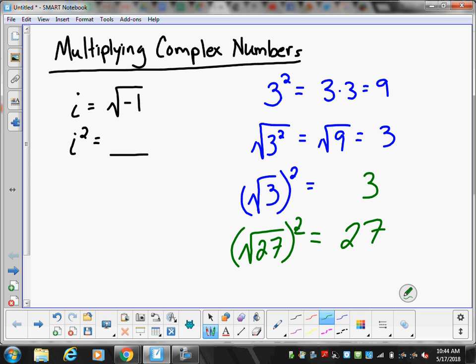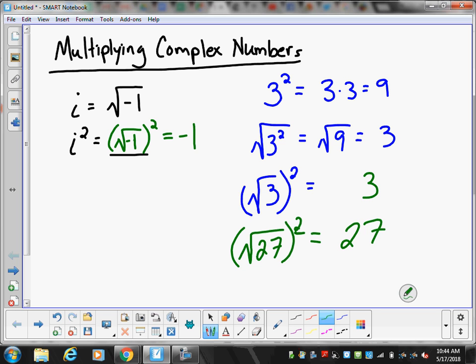Okay? So, we talked earlier about i being equal to the square root of -1. So what is i squared going to equal? Well, the square root of -1, squared. But what is the square root of -1 squared?